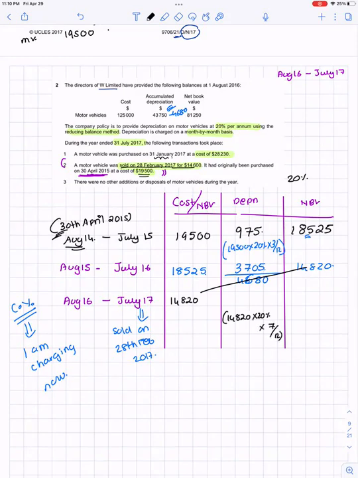What is the current year depreciation? Current year's depreciation is 1729. The net book value of the asset sold is 13,091. Are you with me?